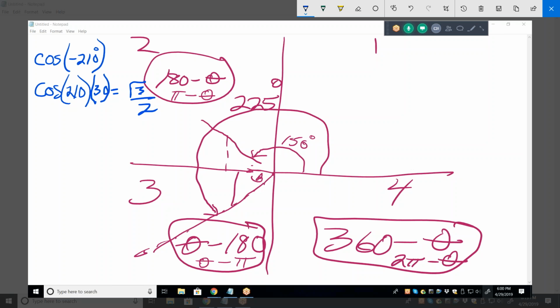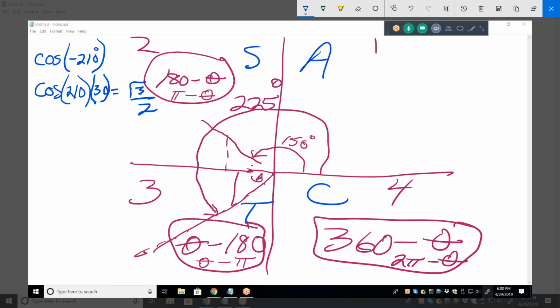What is it? All students take calculus. Always go counterclockwise. Go the same direction as you go when you label the quadrants. Counterclockwise.